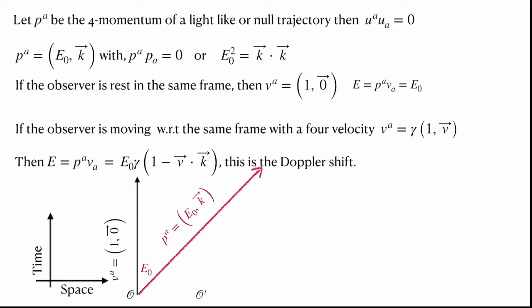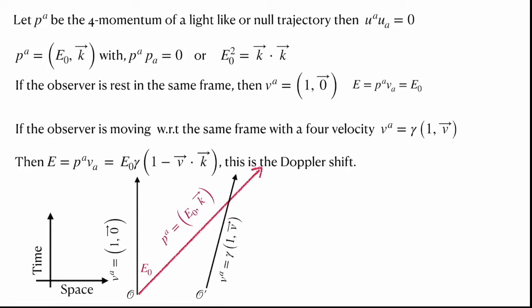Now let's say we have another observer who is moving with the velocity V^A. If his velocity is 0 with respect to O, then his space-time trajectory is parallel to the time axis. However, he is moving with a velocity, so it makes a small angle.